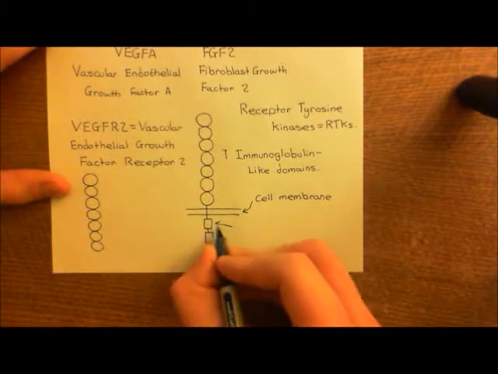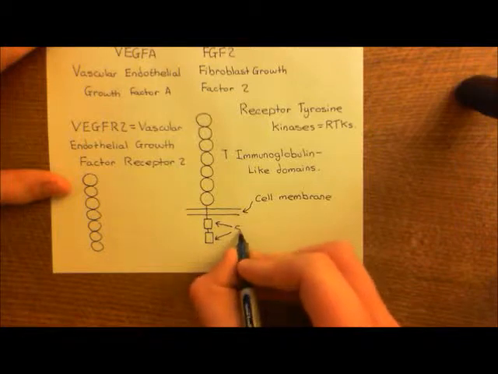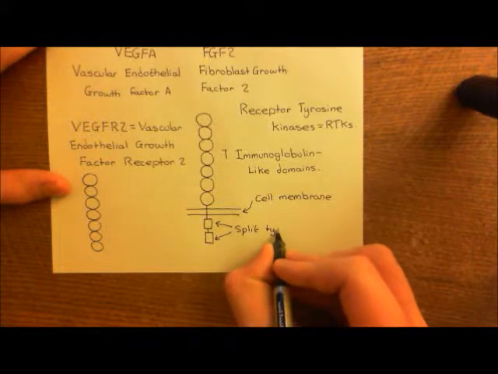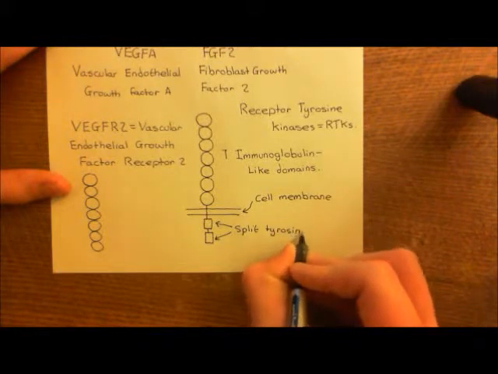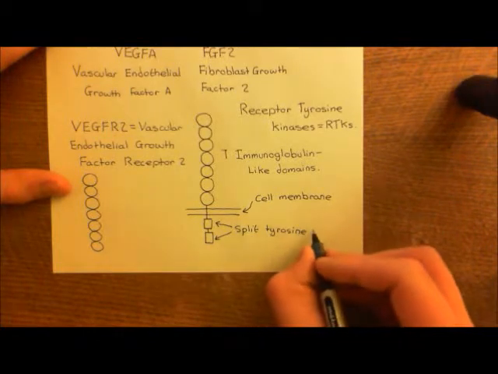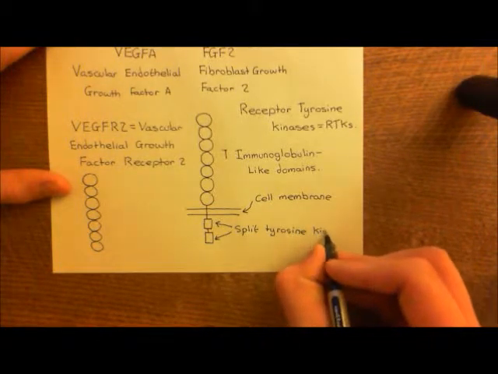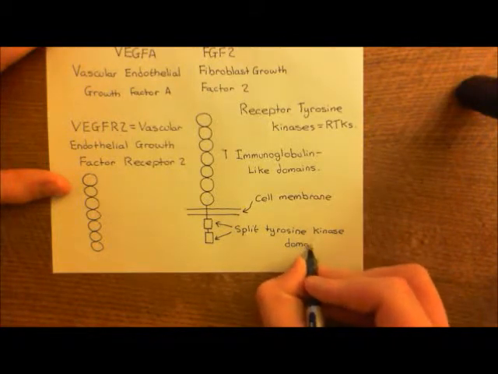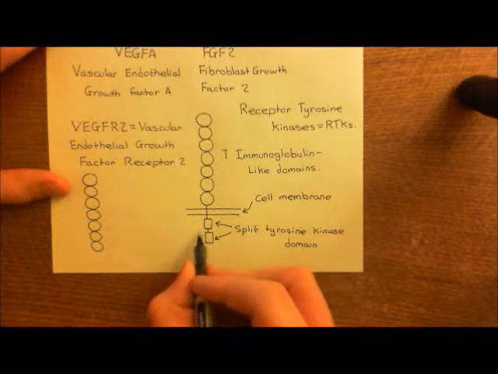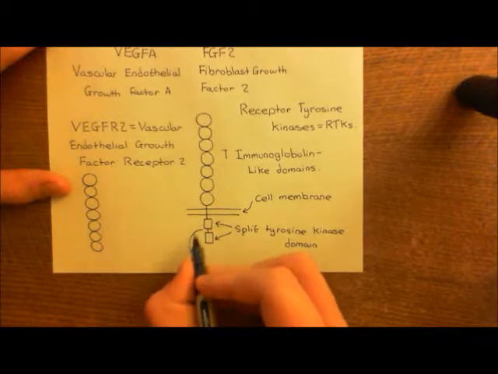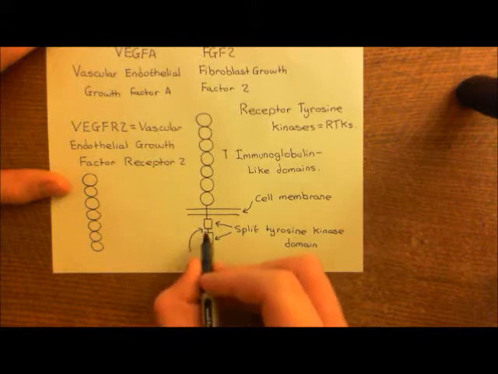So let me show this. This is a split tyrosine kinase domain. They need to dimerize in order for the enzyme to actually become active. Then you have a little portion separating these 2 halves of the tyrosine kinase, and this is a 70 amino acid long piece of polypeptide.